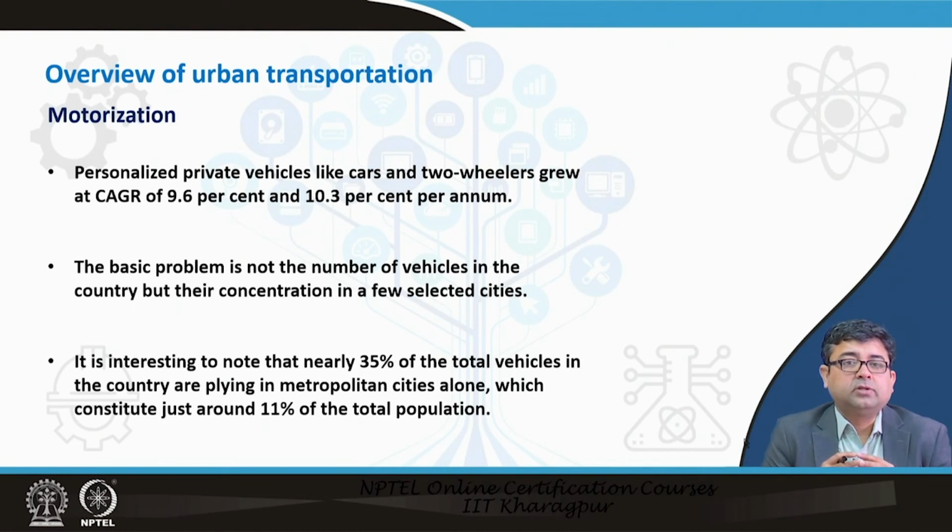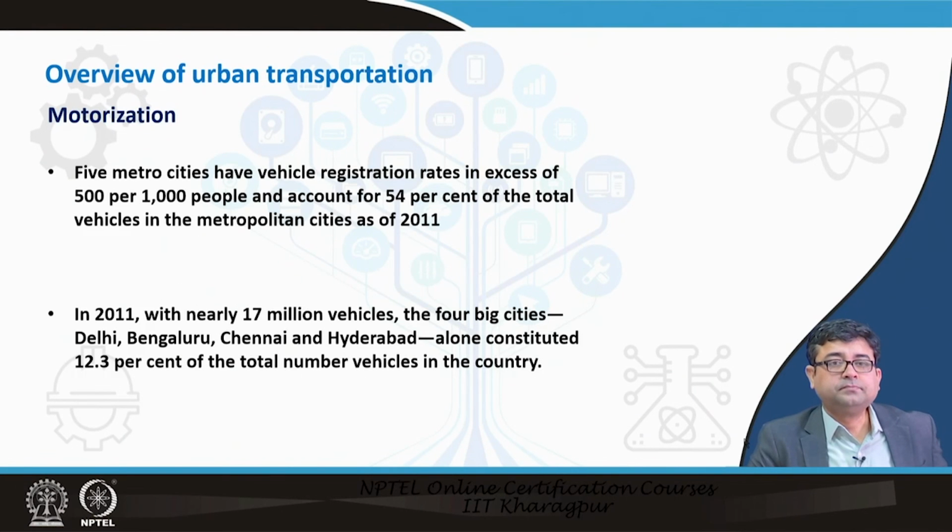It is interesting to note that nearly 35% of the total vehicles in the country are plying in metropolitan cities alone, which constitute only around 11% of the total population. So 35%, one-third of all the vehicles, are in the metropolitan areas. The non-metropolitan areas, everything put together, have the rest of the 67%.